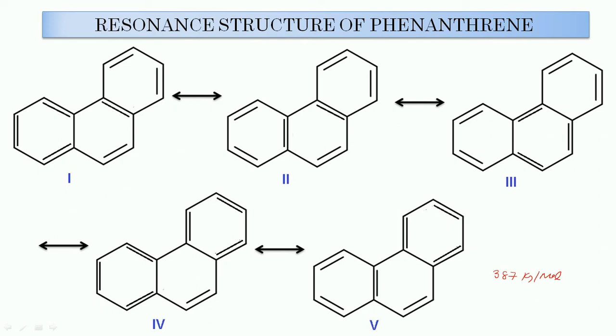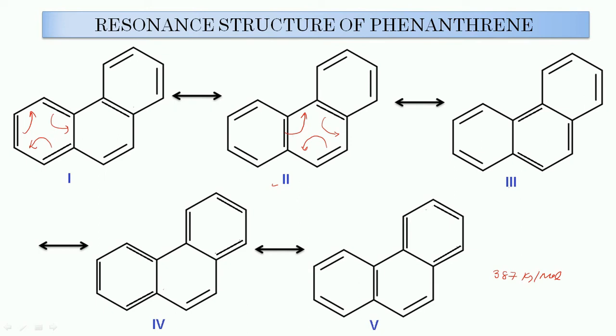This one is structure number 1. Now this pi bond will shift toward this side, and this pi bond will shift toward this side, and at the same time this pi bond will shift toward this side. So we get structure number 2. Then in the next structure, this pi bond will shift toward this side, and this pi bond will shift toward this side, and this pi bond will shift toward this side.